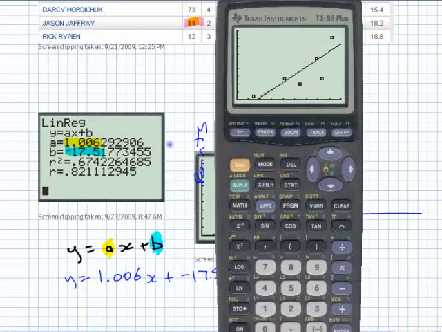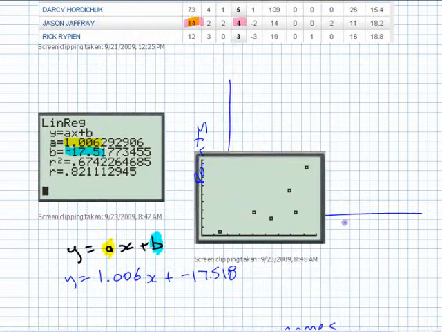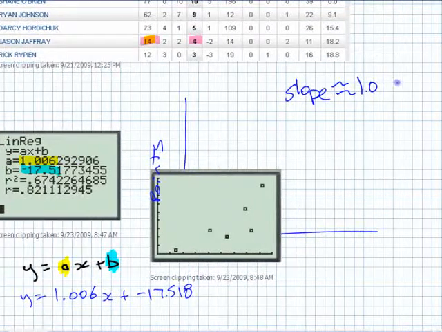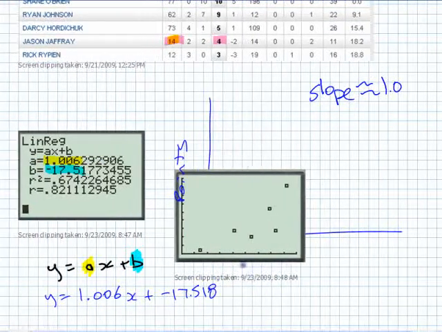What is the slope of this and the y-intercept? What does it represent? The slope is roughly 1.0. What are the units on that? If this graph is games here and points here, what are the units on the slope?